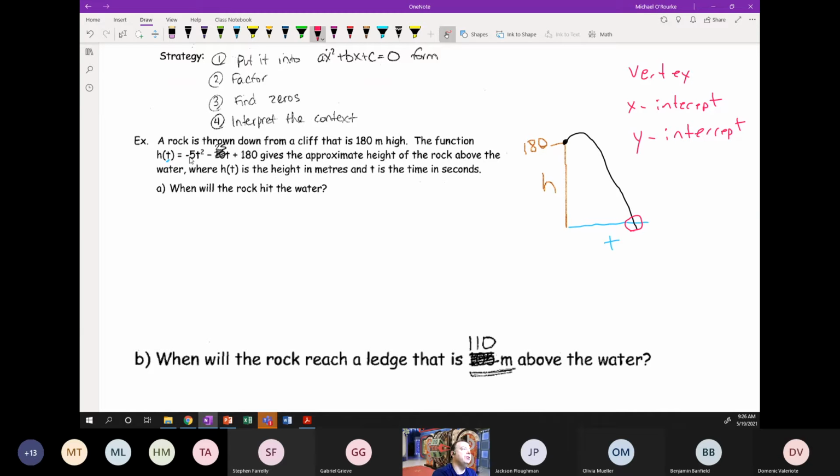Now, we have two strategies to get there. Strategy one is we can factor. Strategy two is we use the quadratic equation that we learned yesterday.